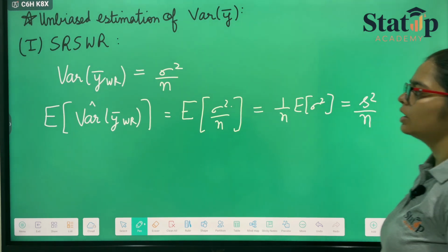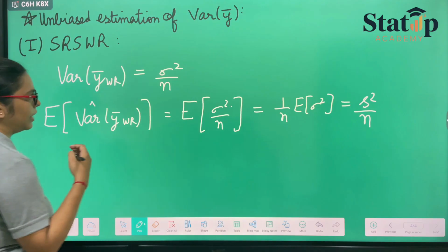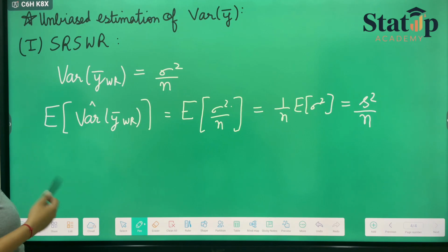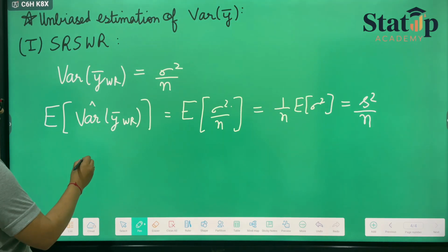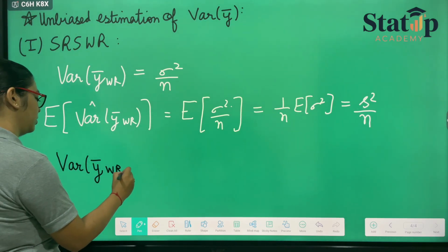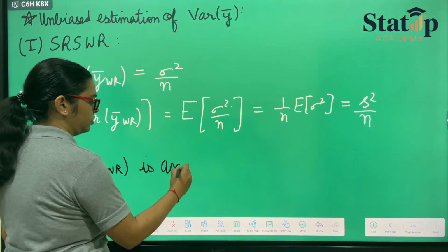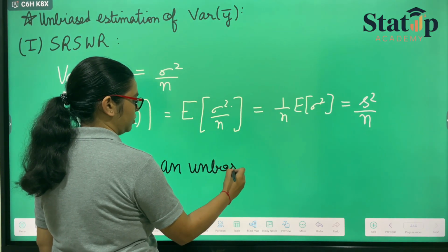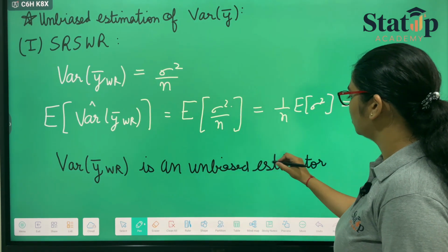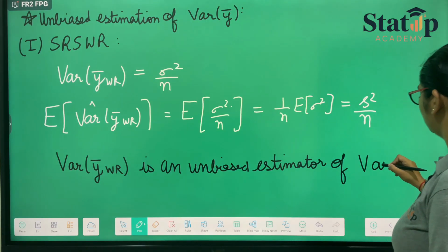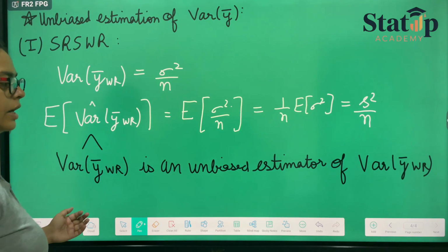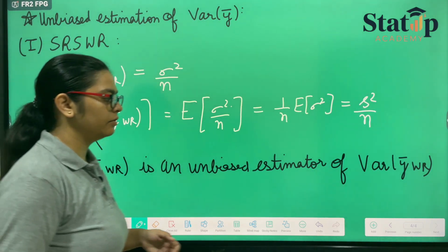And hence we can say that this is an unbiased estimator of variance of y bar with replacement.